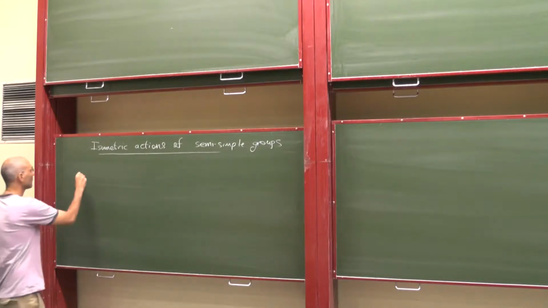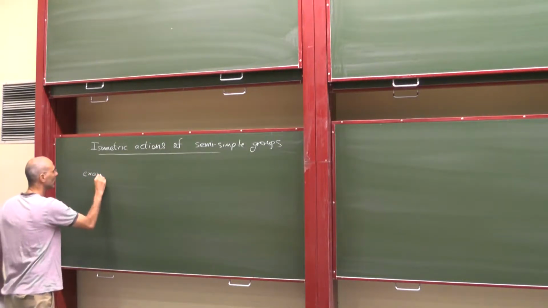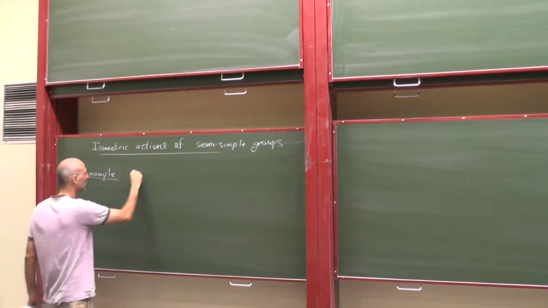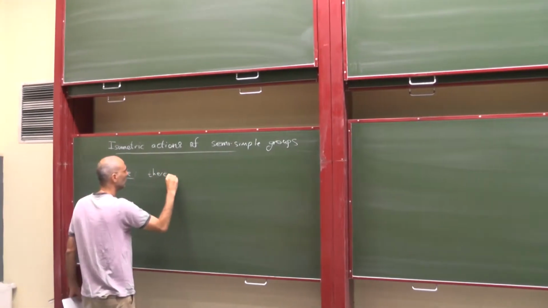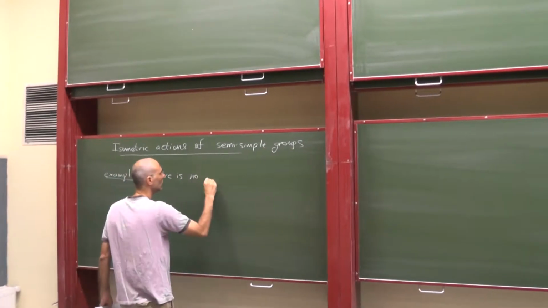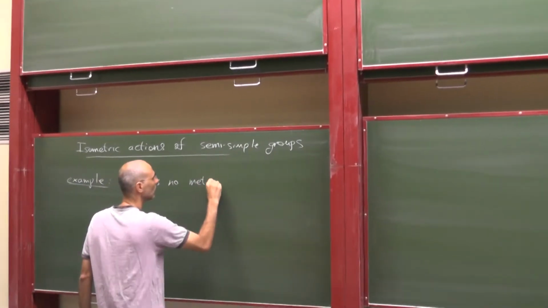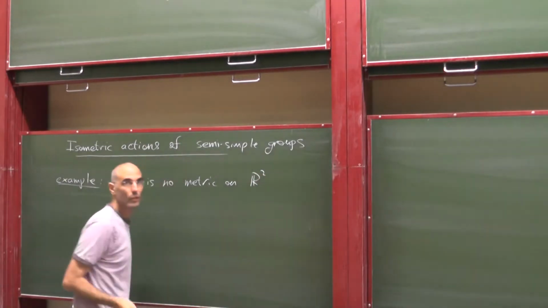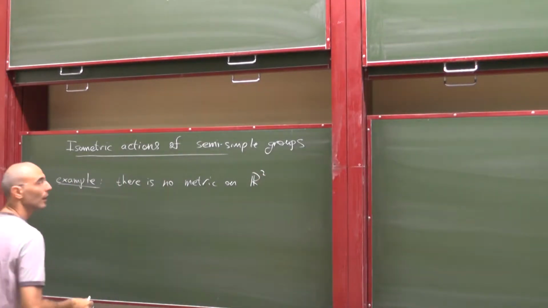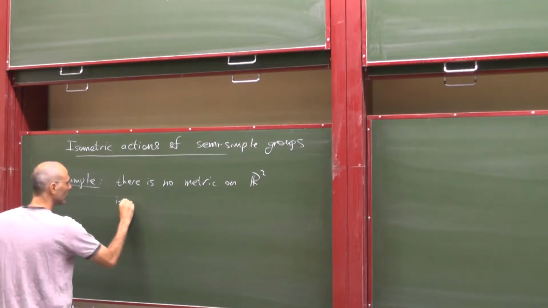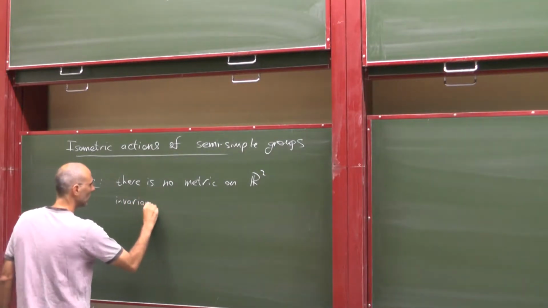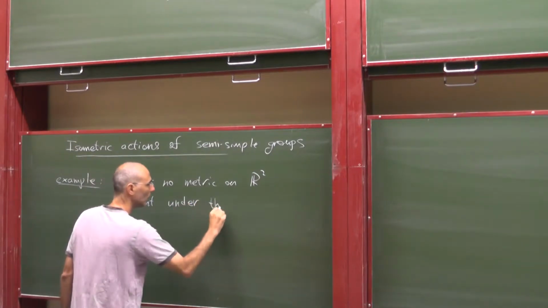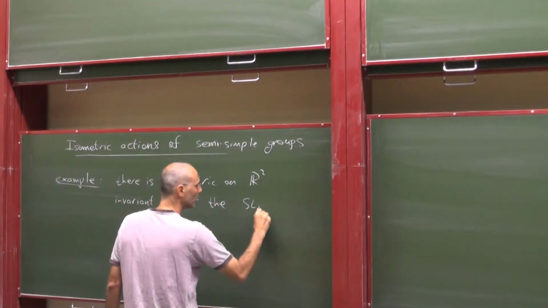Let me start by quoting an example we have already seen. There is no metric on R^2 minus 0, invariant under the SL2(R) action.